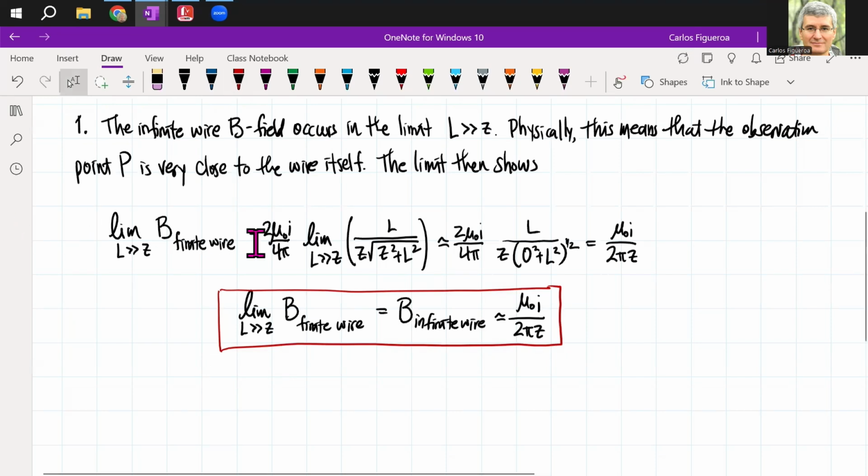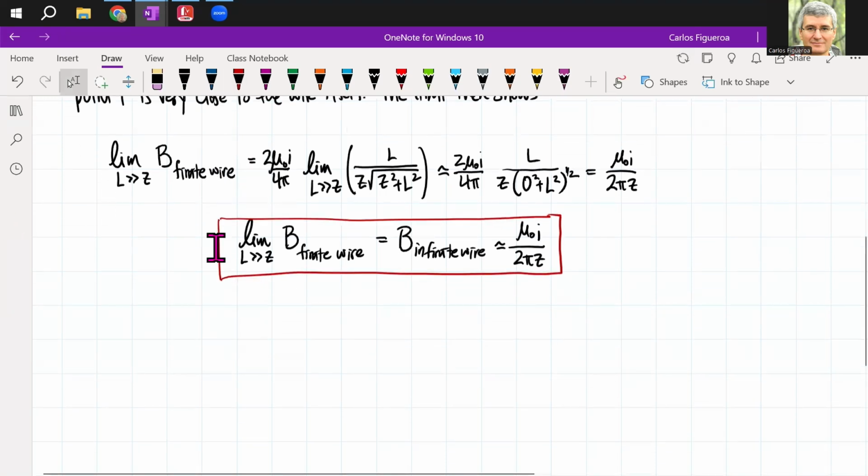So now I want to compare this. How good is this? Can I replace the infinite wire magnetic field with the finite wire magnetic field?